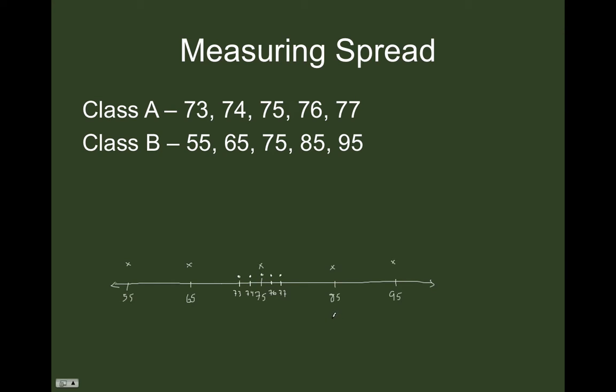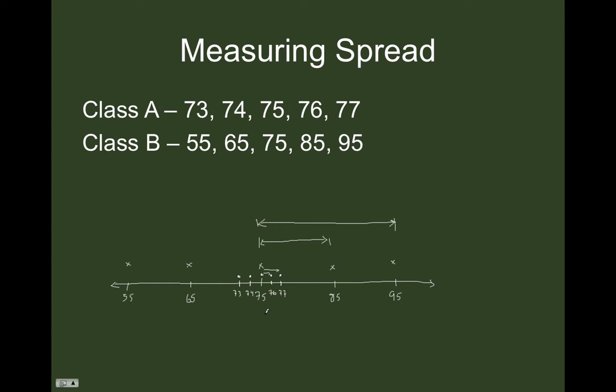Overall, Class B scores are more scattered out. If we look at 85 and 75, the distances between those scores, and 75 to 95, these distances on the number line are much more than the distances for Class A. That's really one way to think about the differences between the two classes.